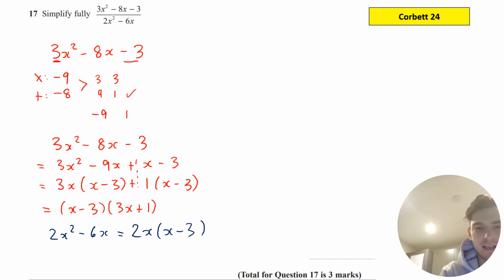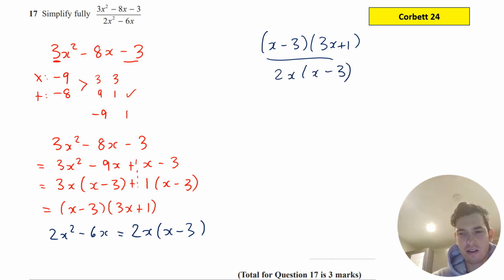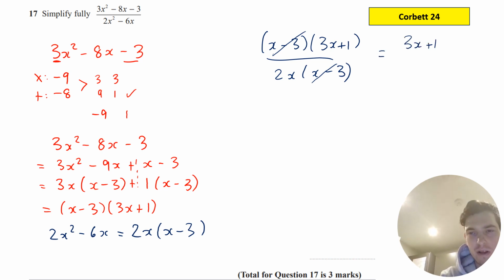Okay, so I can rewrite this as x minus 3, 3x plus 1, over 2x, x minus 3. We had a similar question in the last paper, and it's good news that I can cancel out something. If I can't, I'm definitely going to be wrong. So my answer is 3x plus 1 over 2x.